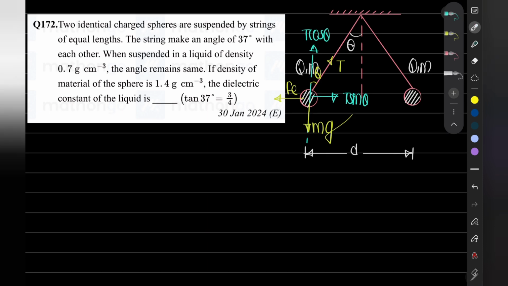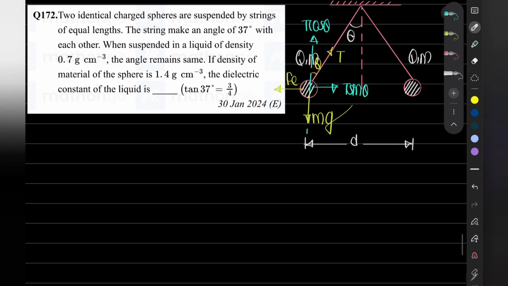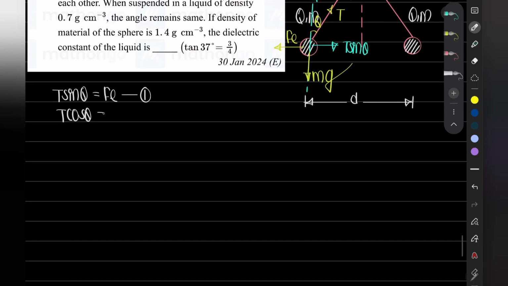Now when I write the equations, T sin theta is equal to Fe, which is the electrostatic force, equation number 1. The second one is T cos theta, which will be equal to mg, equation number 2.